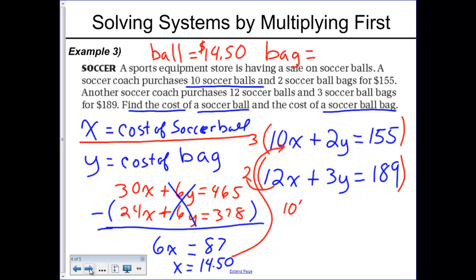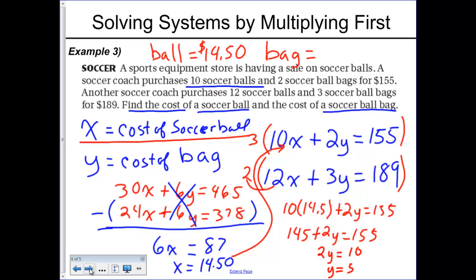So 10 times 14.50 is 145, plus 2y equals 155. So 155 minus 145 ends up with 10. Divide by 2 on both sides, and you have a cost of the soccer bag of only $5.